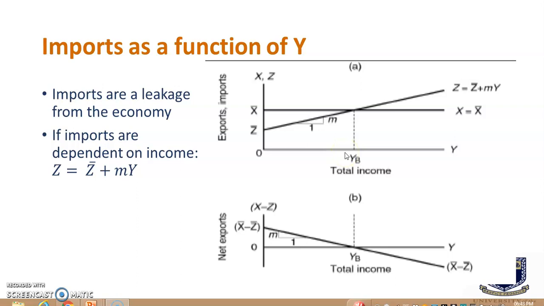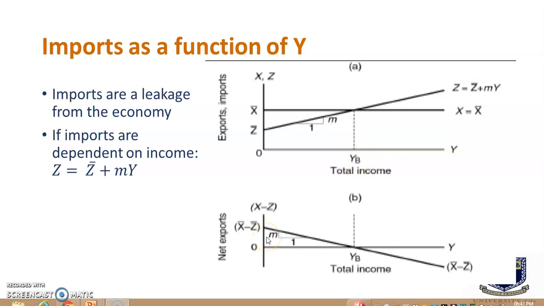Note, there is only one level of income where exports are equal to imports. That is where net exports are zero. That is at that point over there. This represents the level of income at which the balance on the current account of the balance of payments is equal to zero. And this we denote with YB.